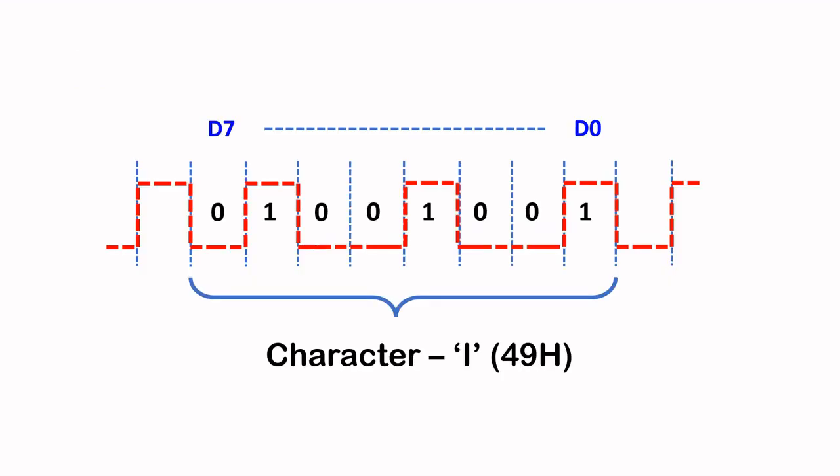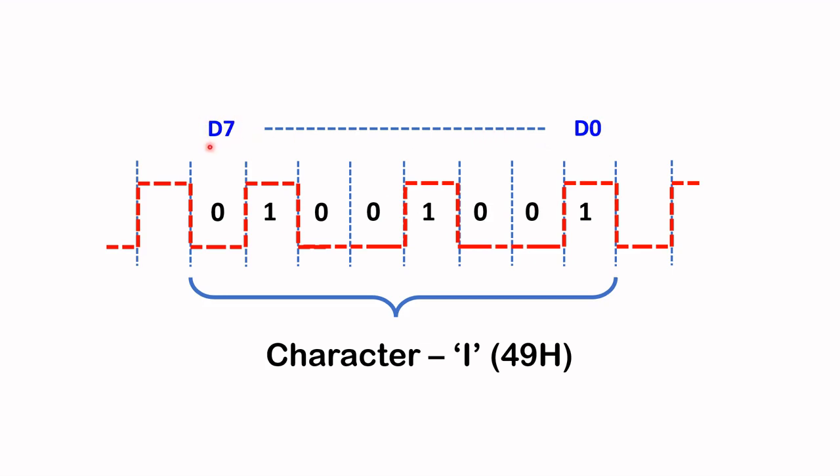Serial transmission begins with bit 0, or in this case D0, which is the least significant bit, and then the rest of the bits that make up the character follow on. So here we have D0 or bit 0 followed by bit 1 or D1 and so on.